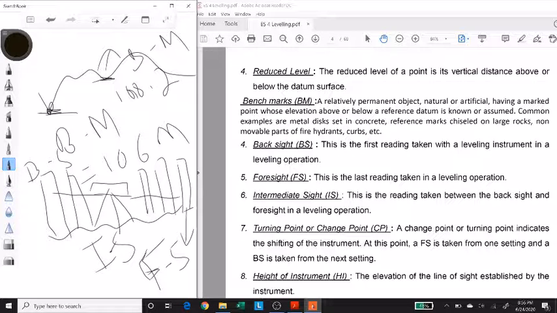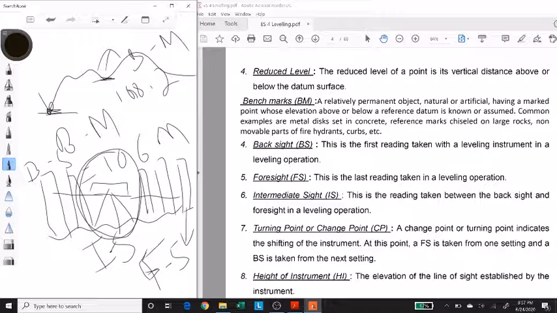So the first reading is called as the backsight, second, third, fourth, whatever number is called as intersight, and the last reading is called as foresight. And all of these readings are taken with the same location or same setting of the instrument. If I change the setting of my instrument, then you would have a new backsight, new intersights, and new foresights.